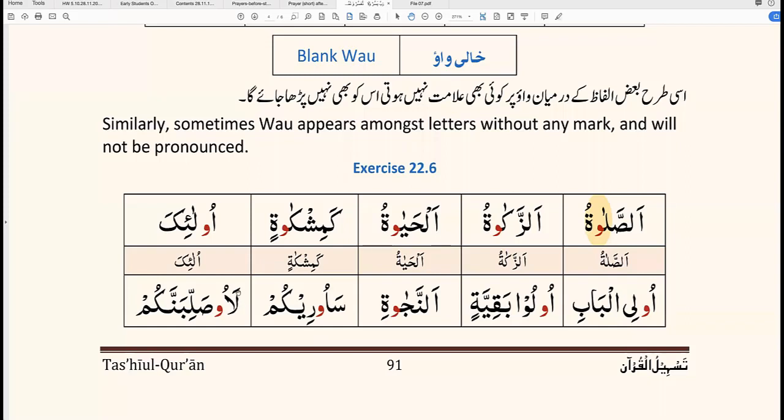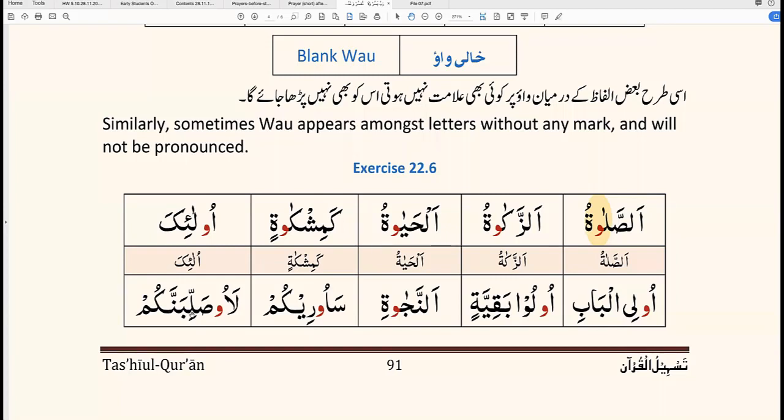Lam with a fatha. La. Well done. Alif with a dhamma. Straight afterwards is a wow. What do we do with this wow? We ignore it. We do indeed. Okay. La'u. Well done. So. Okay. What is the letter next to it?